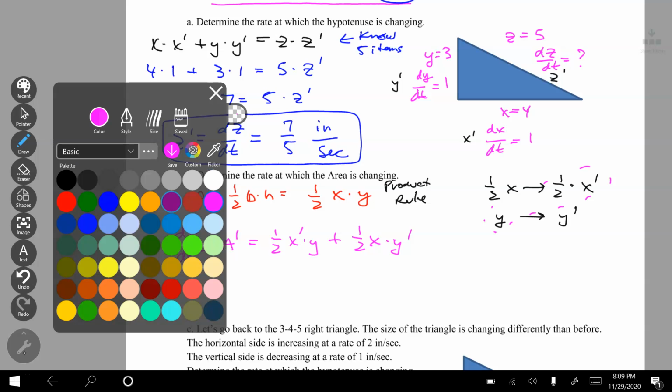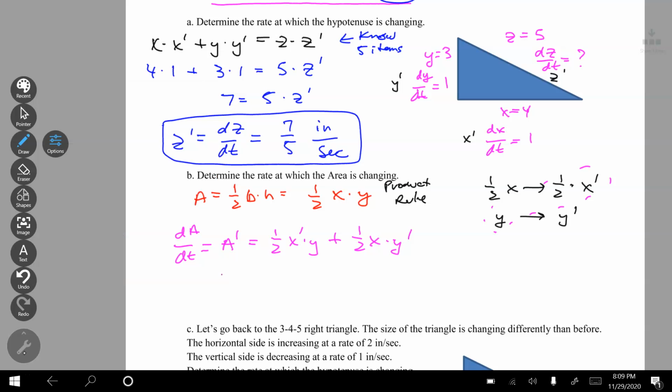And then I could fill in with what I know. What do I know? Well, A prime equals 1/2, x prime is 1, y is equal to 3, plus 1/2, x is equal to 4, y prime is equal to 1, and I multiply this out, I get 3 over 2 plus 2, and I get my derivative. I'm going to change colors here.